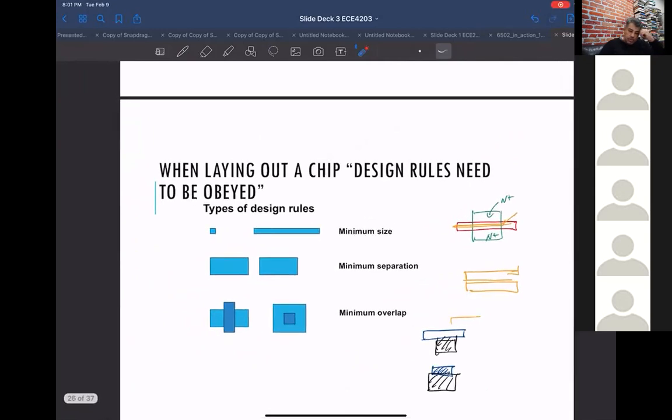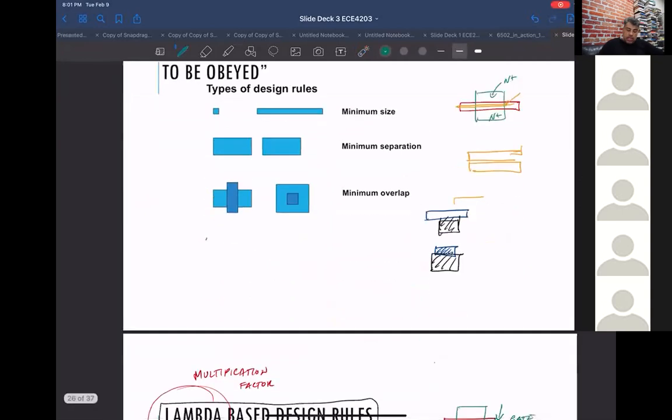Okay, so you have the minimum size, minimum separation, minimum overlap. There's one exception, which is contacts and vias. And the exception is these have to be an exact size.